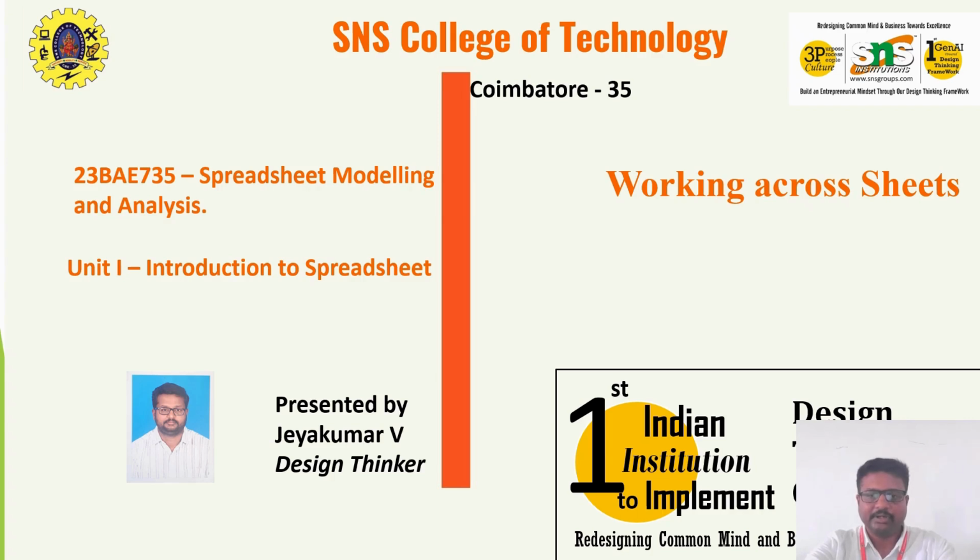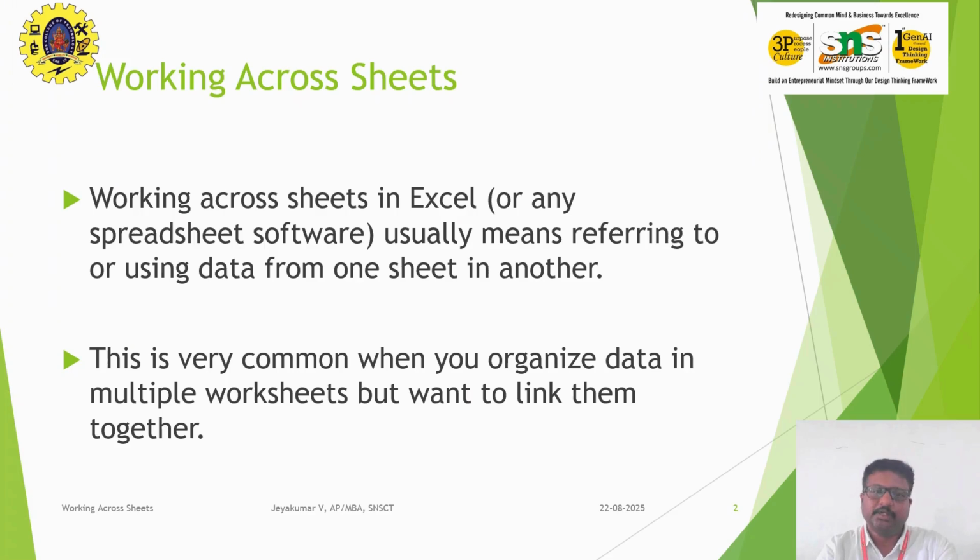Now I am going to explain the topic of working across sheets. So, what is working across sheets? Working across sheets in Excel, or in any other spreadsheet software such as Zoho Sheets, Apple Numbers, Google Sheets, etc., usually means referring to or using data from one worksheet in another worksheet.